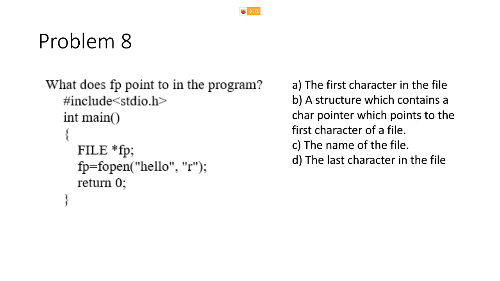So the question here is related to file handling in C. If you want your program to open a file and read it, or write to it, then you can use library functions, similar to other library functions like printf, malloc, etc. There are library functions available to open, close, write, etc. The fopen library function allows you to open a file, and you specify the name of the file and the permission on that file.